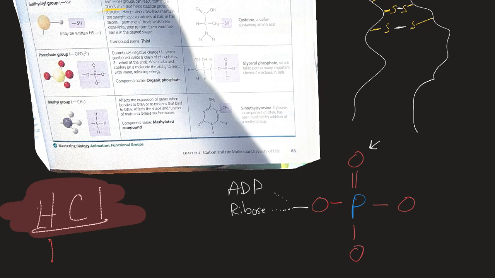And if it's bonded to a deoxyribose, it'd be part of DNA. And this would be ATP. So these are the things that they would become if this phosphate is bonded to those structures.